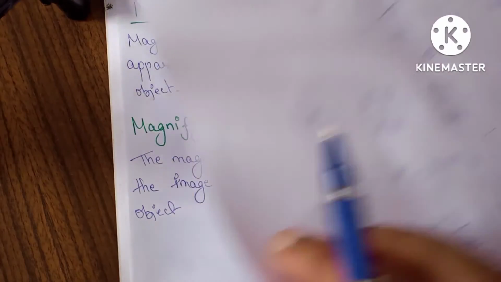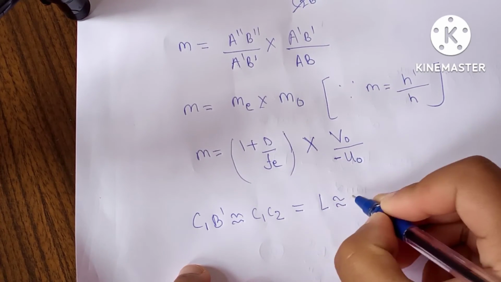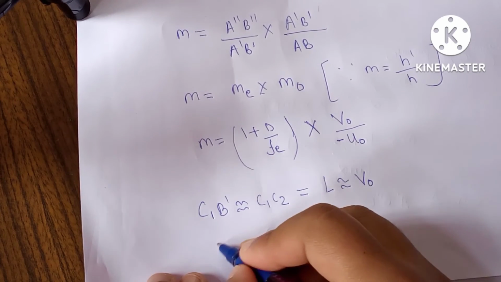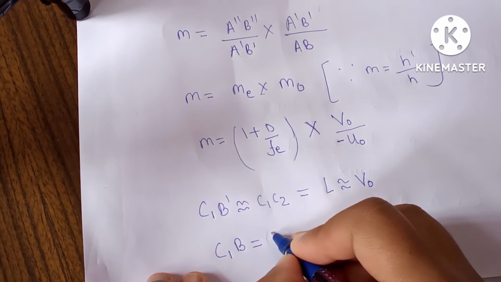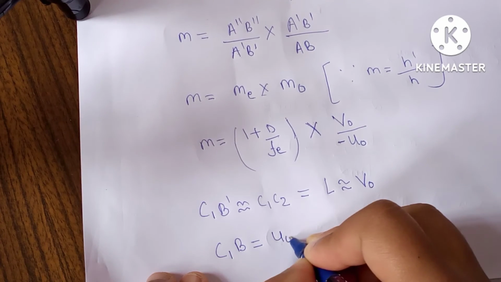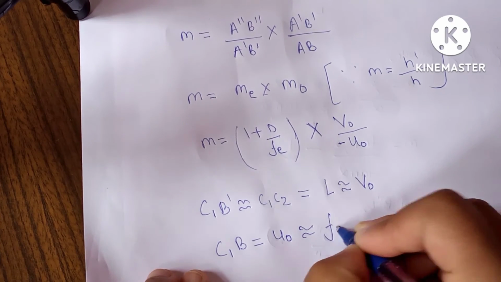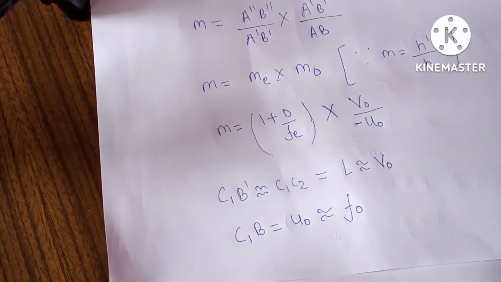So we can write it as capital L, which is nearly equal to the image distance for the objective lens. And similarly C1 B is equal to the object distance for the objective lens, which is nearly equal to the focal length of the objective lens. So by adjustment we can write it this way.